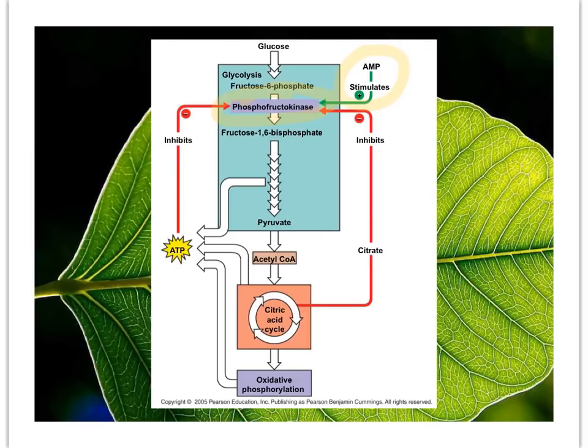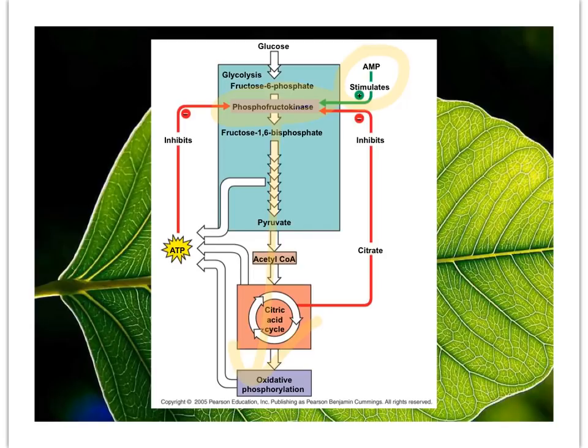If we have a lot of AMP available in the cell, that means that our ATP has been used and broken down to ADP. And we're still needing energy, so some of that ADP has been broken down just because it's so desperate, producing AMP. That AMP tells us that we're really short on ATP, so it stimulates or increases the ability of this enzyme to do its job, breaking down the glucose to run this reaction.